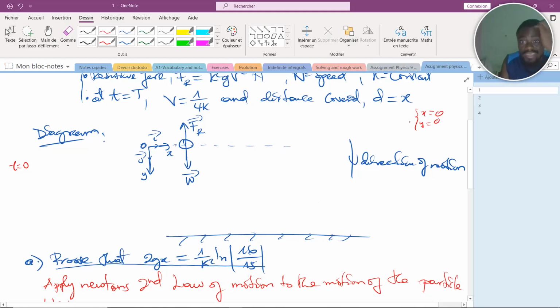So I'll explain it better when we shall be doing projectiles, because I saw that you were a bit confused when questions became a little bit tricky in projectiles. When I do that, I think you will have a perfect mastery of how to orient space and how to determine the initial conditions of the particle.